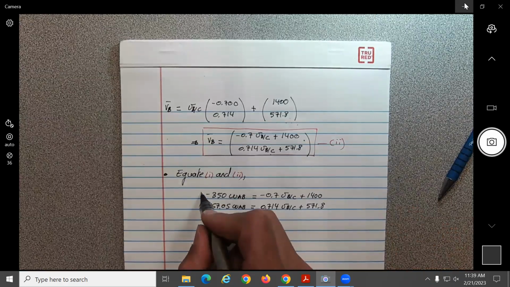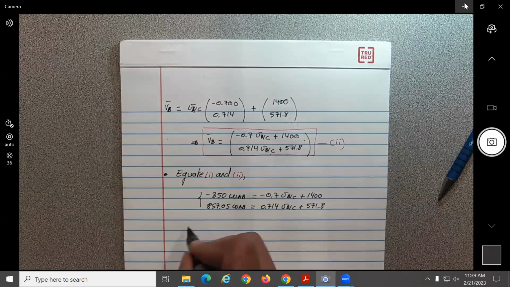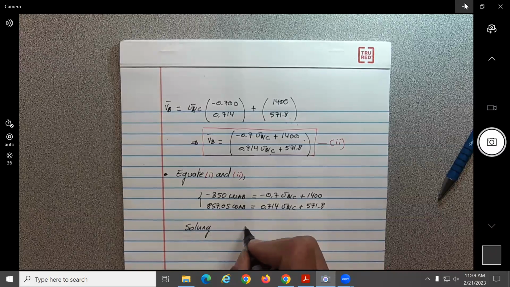So now with your magic calculators, you're going to give me the result here. Solving for omega AB and the magnitude of BC.